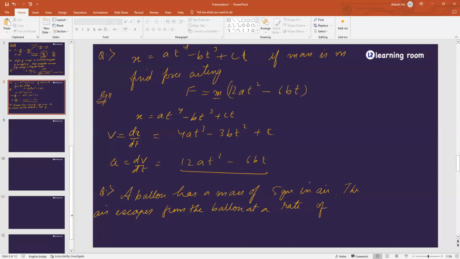So if the balloon completely shrinks in 2.5 seconds, find the average force on the balloon.